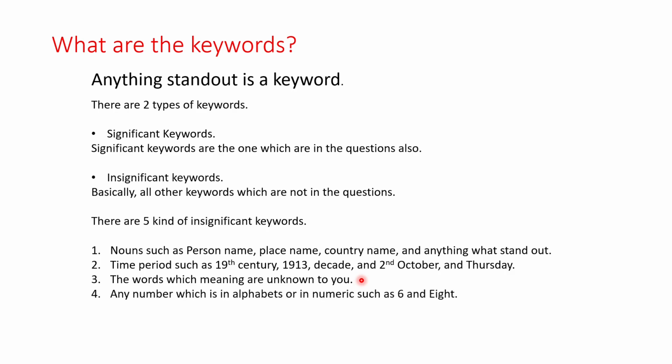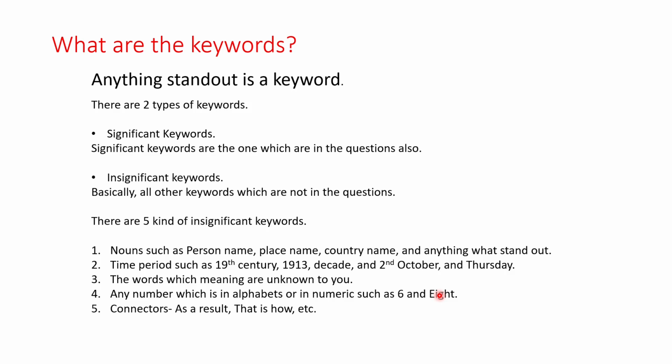Fourth is any number, whether in alphabets or in numerals, such as six and 8. These keywords are very important, because in the question they might switch the way they are written, from numeric to alphabetic and alphabetic to numeric. It might confuse some students.